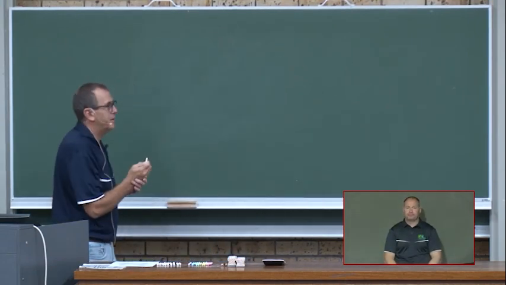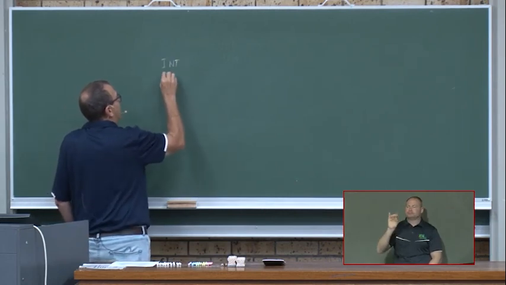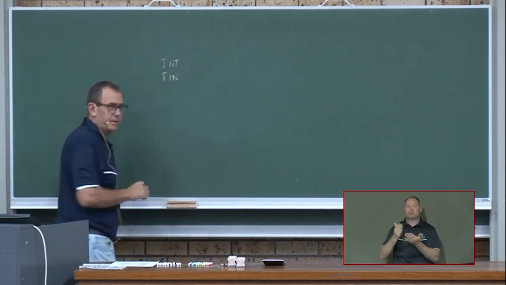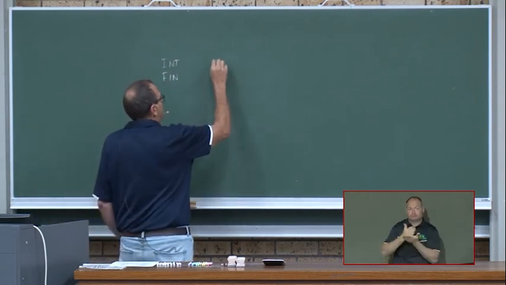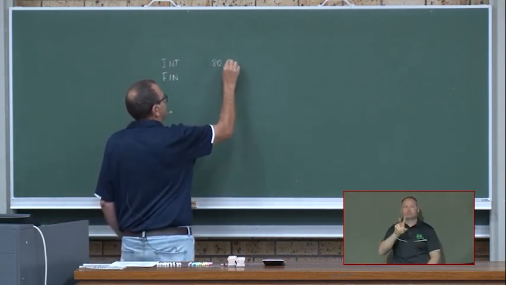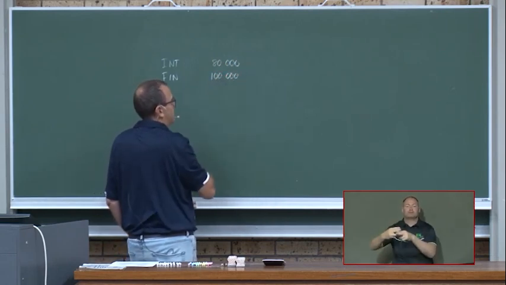Remember, if we have dividends, we have the interim dividend and we have the final dividends. All right. So let's say the interim dividends was 80,000 and the final dividends was 100,000.